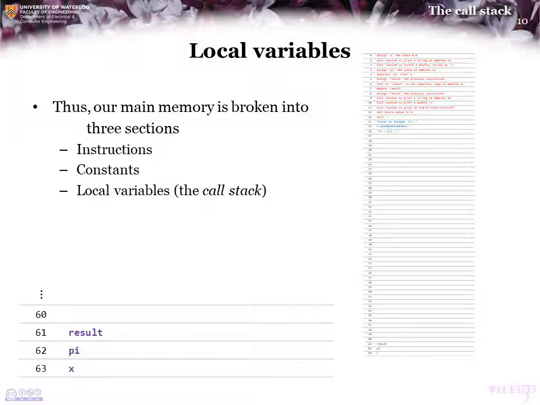And so down here at the other end of memory, if we store a value in the local variable x, we actually store that value at address 63. The value 3.14 and change is stored to address 62, and the result that is calculated and then printed is stored at address 61.